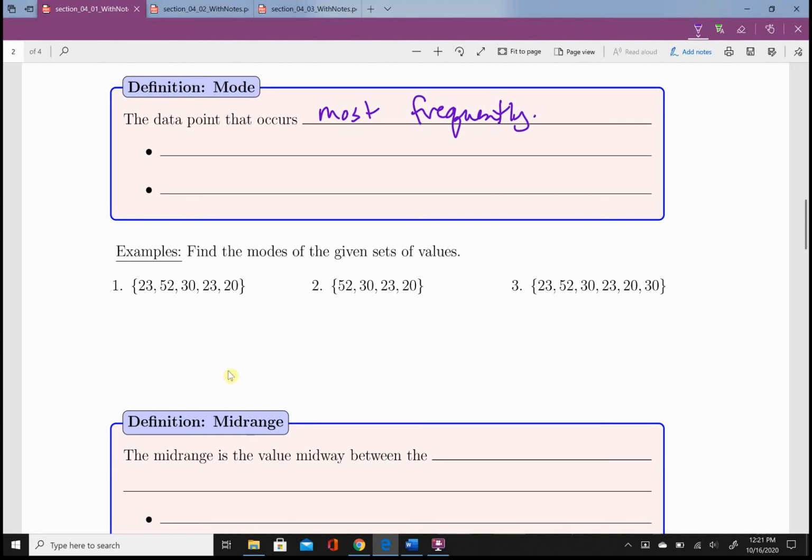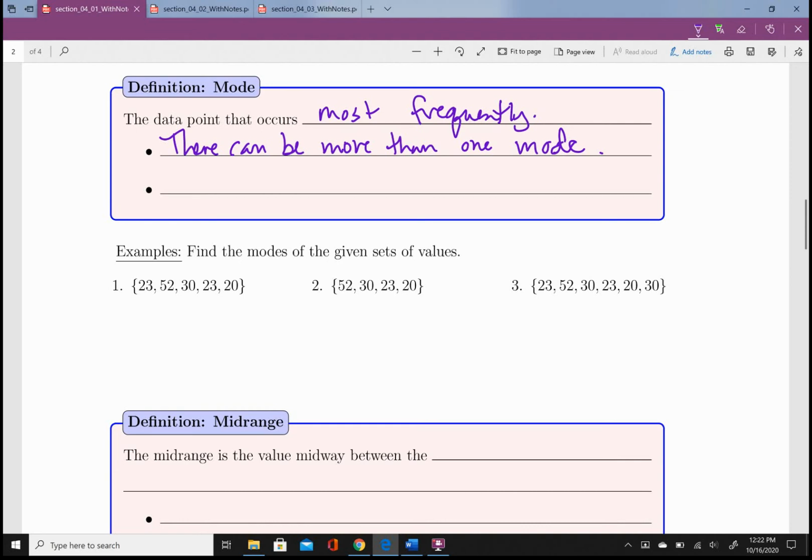Furthermore, there can be more than one mode. So let's say you had a data set and it happened to have two repeated values, and they both repeated 2 times.